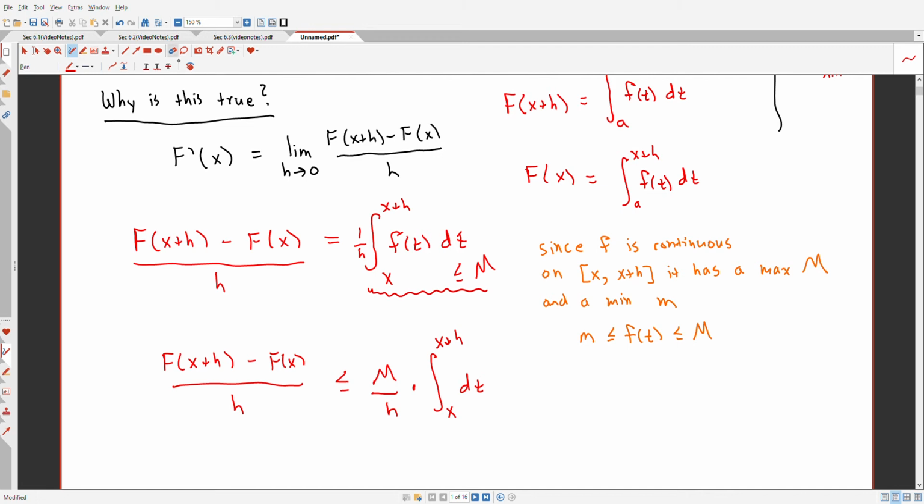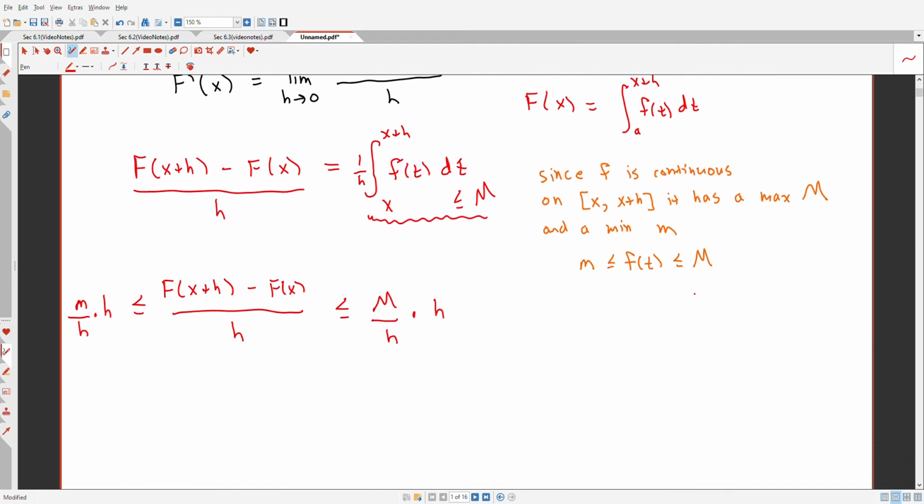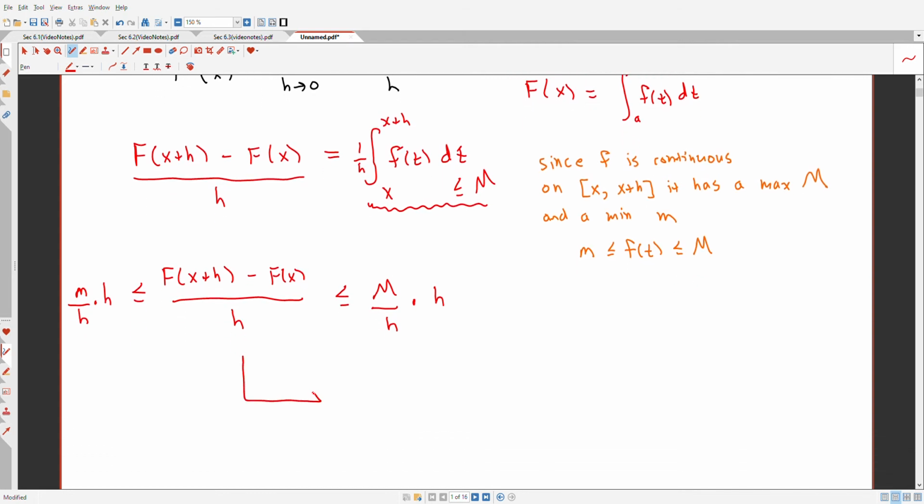And if you let me simplify that, that'll just be the length of the interval, that's just h. Similarly, this integral is bounded below by little m, and I've got that over h, and then times the length of the interval, and so those h's all cancel.